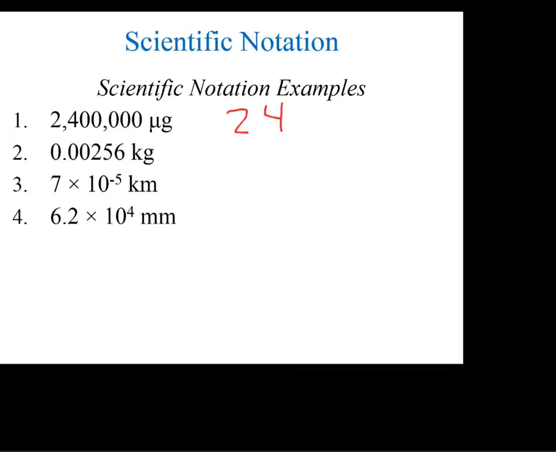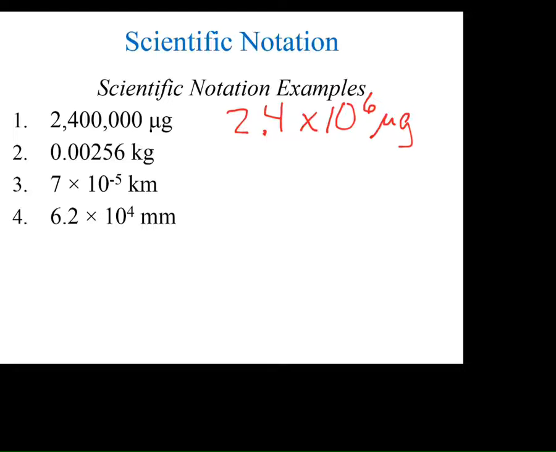The decimal goes after the first one. How many times do I have to move it to get it between the 2 and the 4? So is that positive 6 or negative 6? Right. Because obviously 2 million is much bigger than 1, so it's going to be a positive number. So positive 6 micrograms.